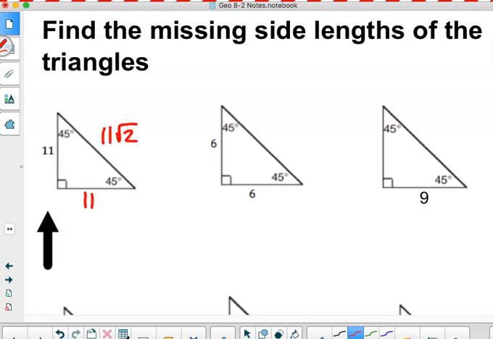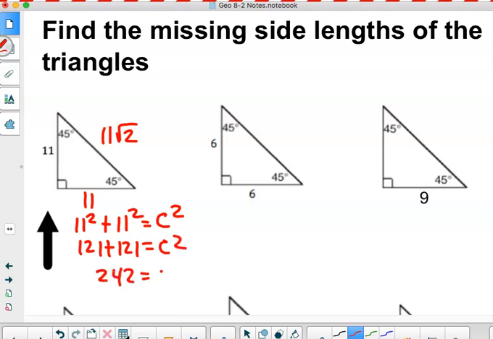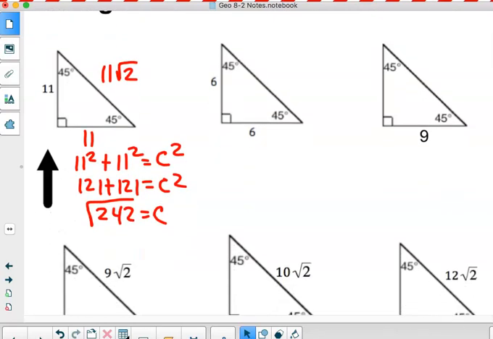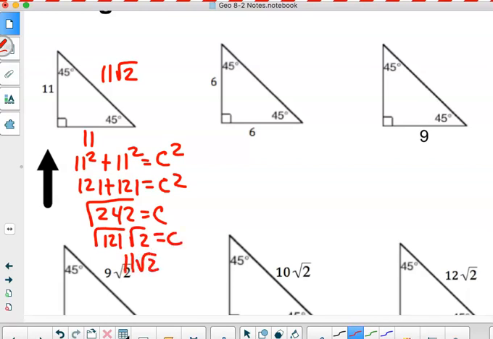But remember, we've been working with the Pythagorean theorem, and if I go 11 squared plus 11 squared is equal to c squared, this becomes 121 plus 121 is equal to c squared. This ends up being 242 equals c squared, and if I take the square root, keep in mind we added two 121s to get there. So this really becomes the square root of 121 times the square root of 2. And that's where 11, the square root of 2, comes from.